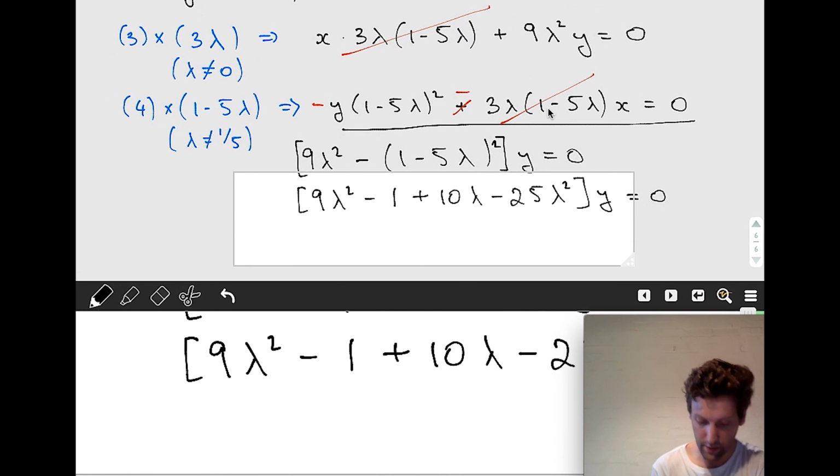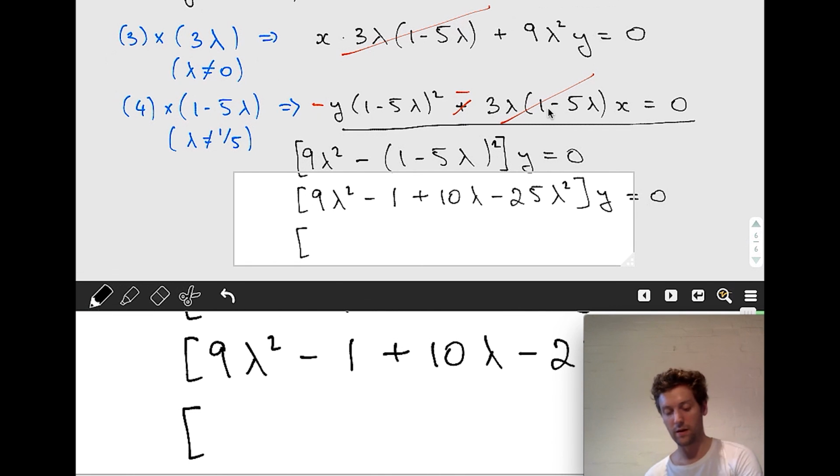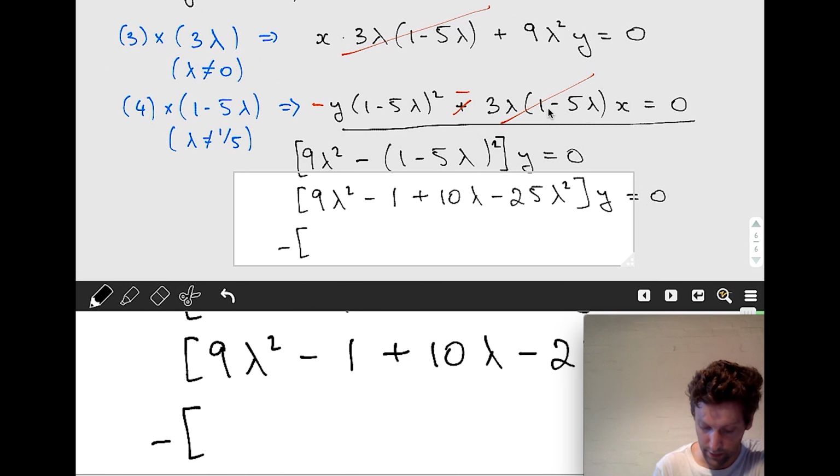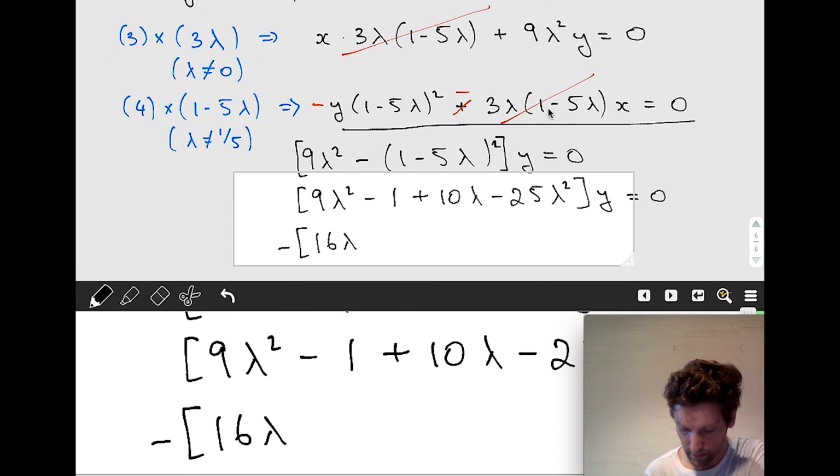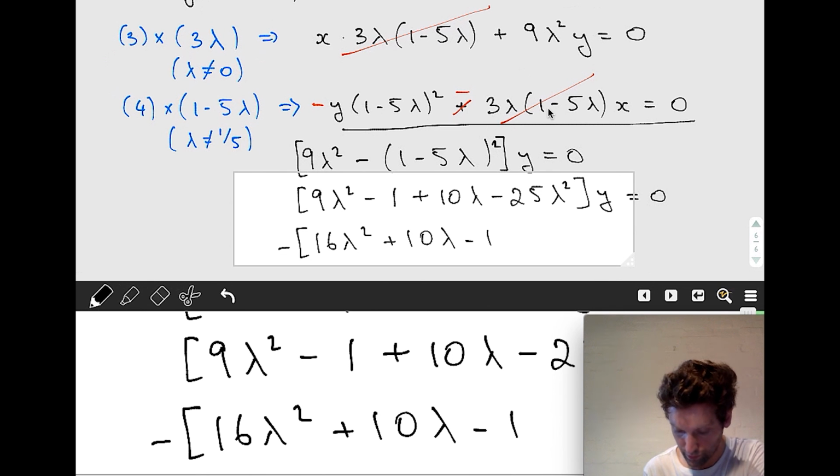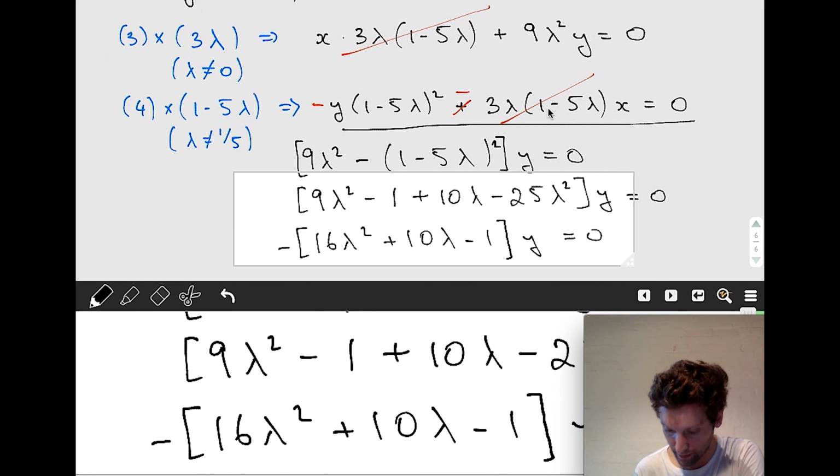So that's the last step here. I can take out a factor of minus. 25 minus 9 is 16 lambda squared plus 10 lambda minus 1, multiplied by y is equal to 0.